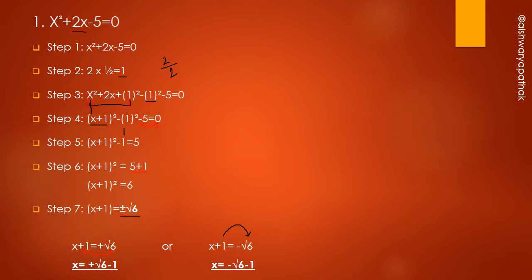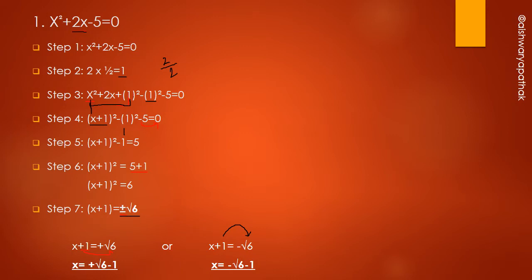Okay. Now in step 4, you just have to combine these three terms, that is x square plus 2x plus 1 square, into one. It is simple, don't worry.